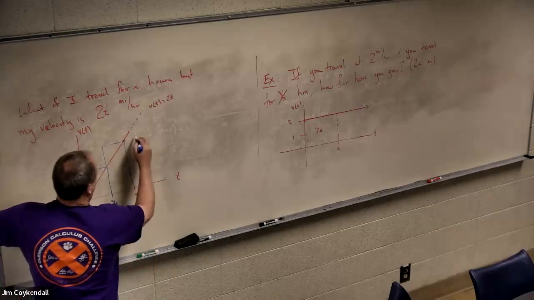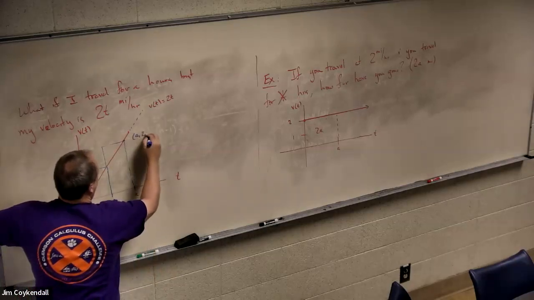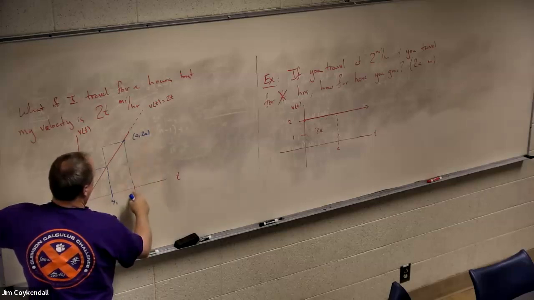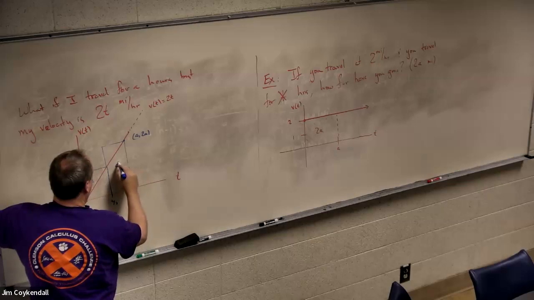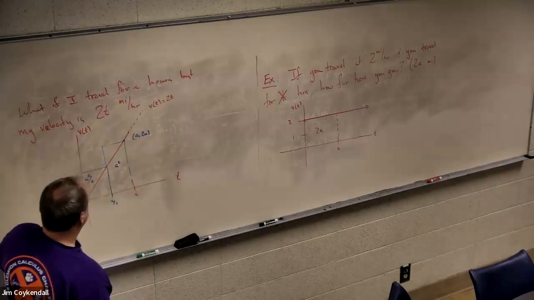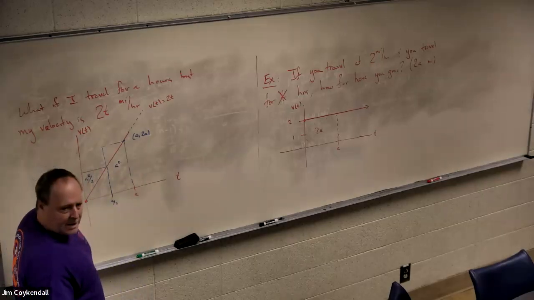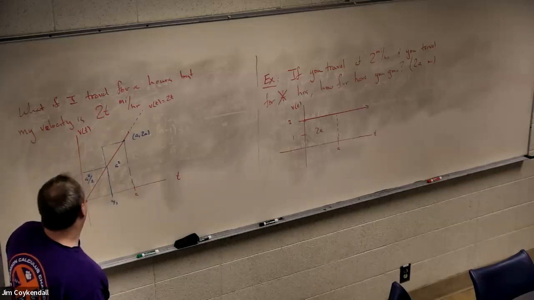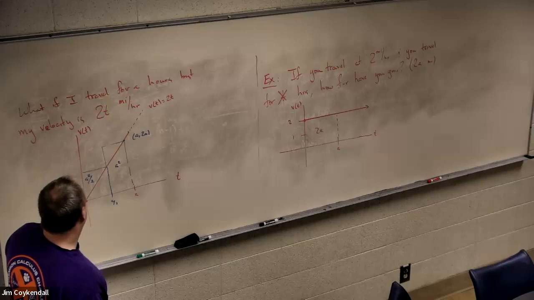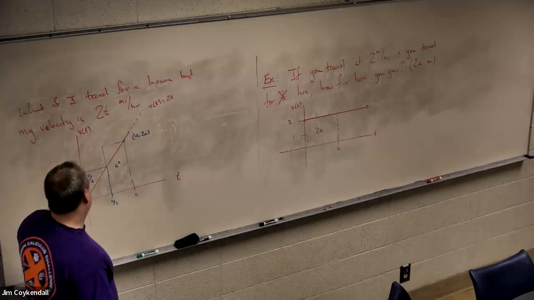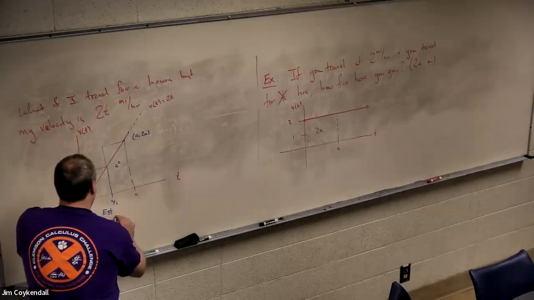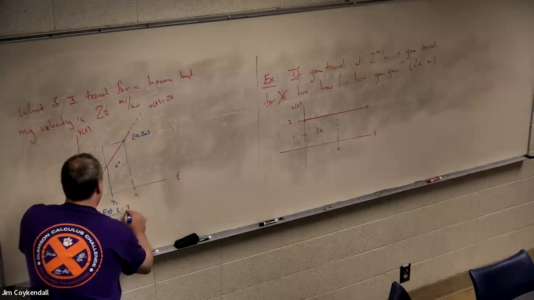Well, this point is the point a, 2a. So the height of this box is 2a, and the width is a over 2, so I get a squared. So my estimate for how far I traveled is a squared over 2 plus a squared. So I estimate 3 halves.